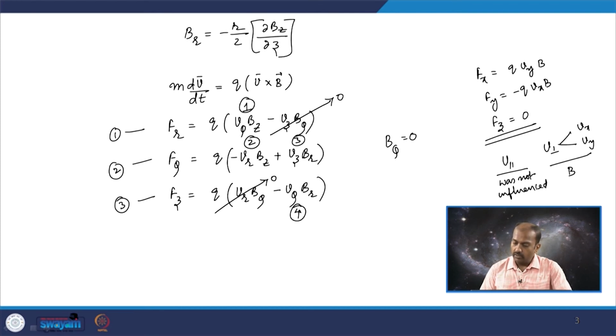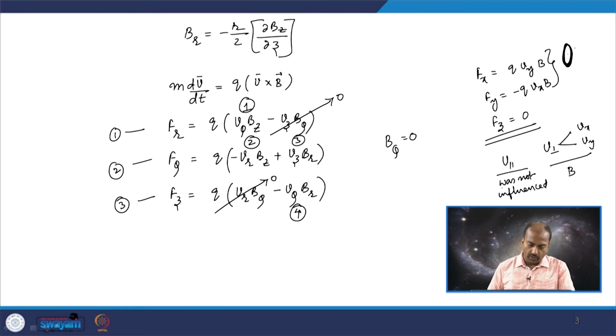Right. So, this is very simple. If the magnetic field vector is parallel to the velocity, then the cross product becomes 0. So, there is no point of discussing about it, right. But when it is not that, then we combined these two differential equations, and we said that the velocity will be such that it is executing a simple harmonic motion around an imaginary guiding center, right.